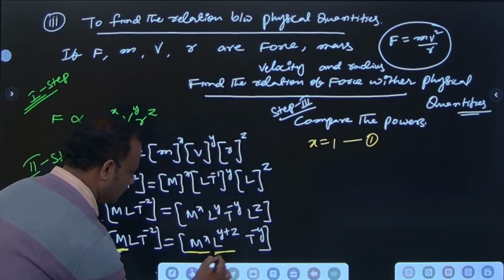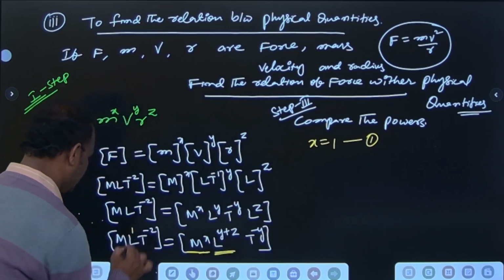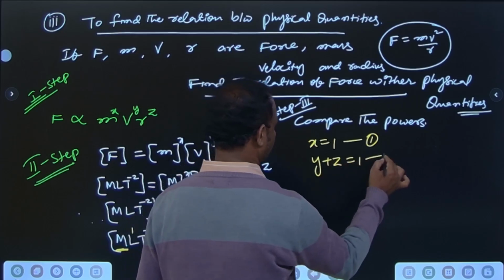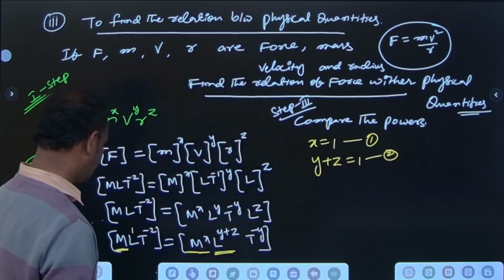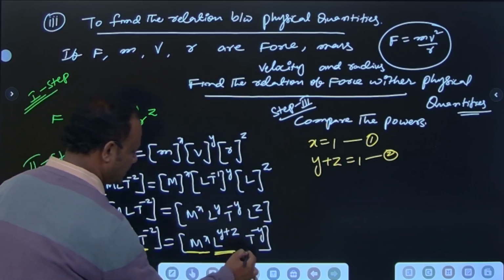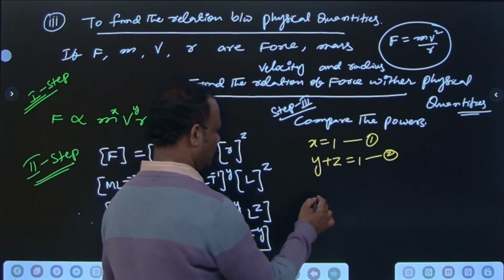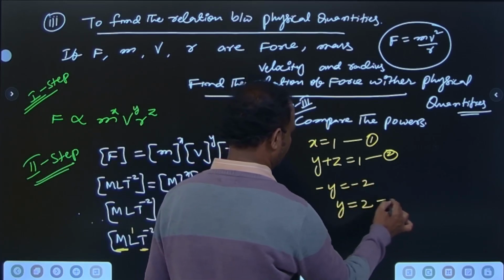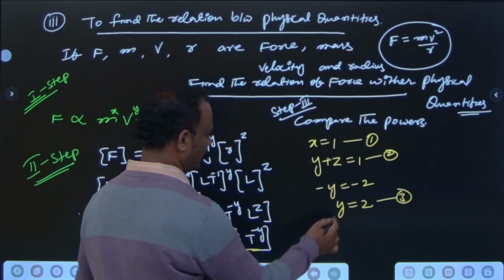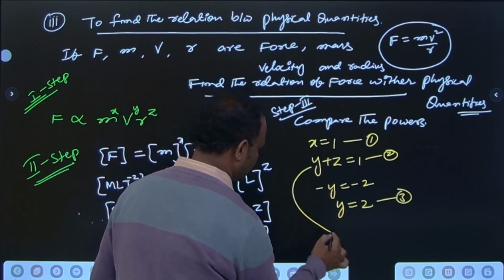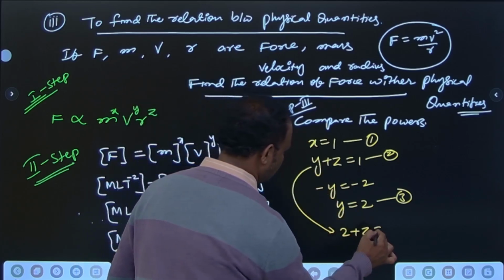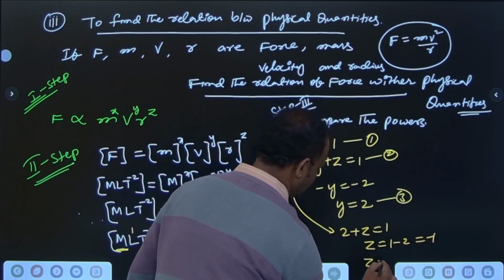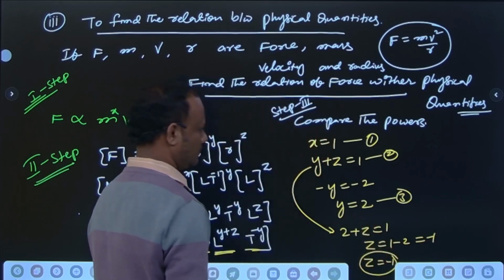For L, y plus z equals 1. Second equation. Third, for T, minus 2 equals minus y, so minus y equals minus 2, and y equals 2. From the second equation, 2 plus z equals 1, so z equals 1 minus 2, which is minus 1. Z equals minus 1.